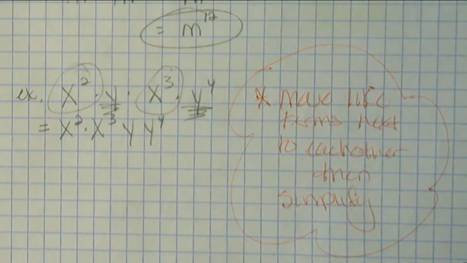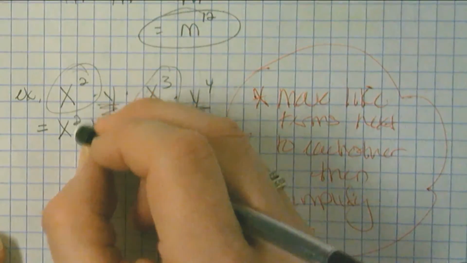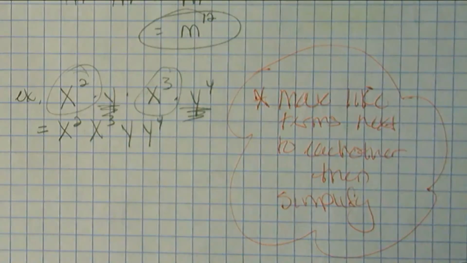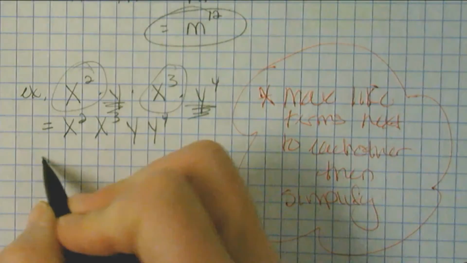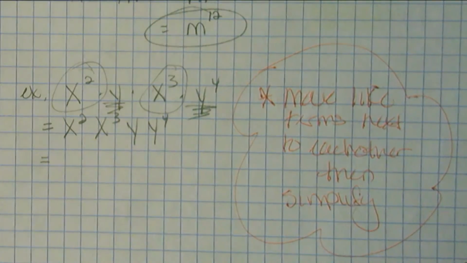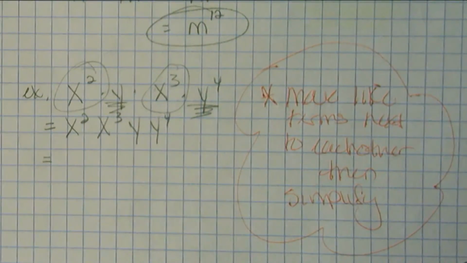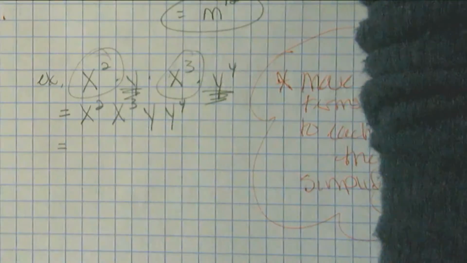Remember, you don't have to show multiplication between variables. They automatically are being multiplied when you have them touching each other. So I just moved the like terms together, and now go ahead and simplify. When you're done, check with someone sitting next to you.